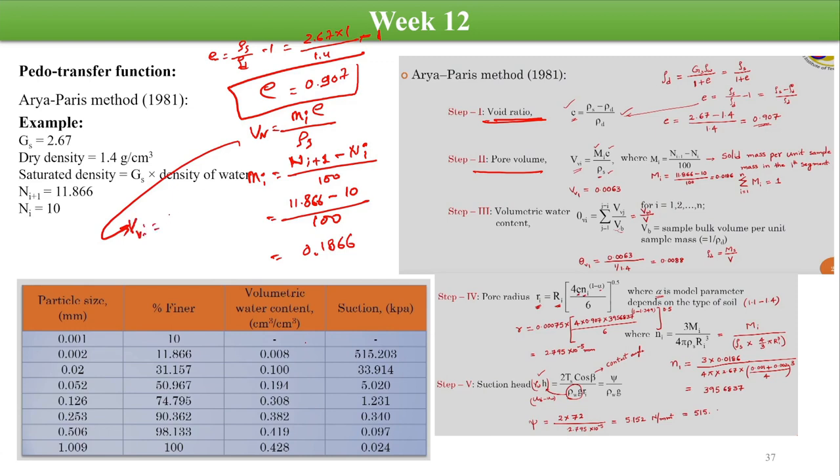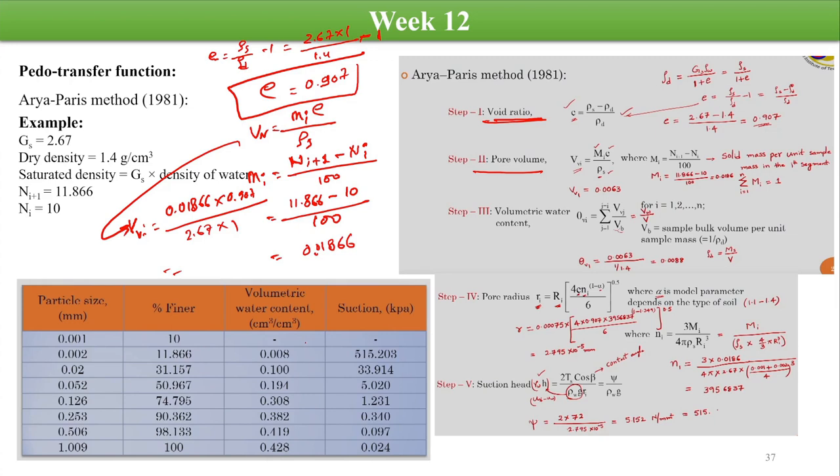Vi is equal to Mi, that is 0.01866, or I think it is 0.0186, and then we have the void ratio we determined, 0.907. It will be divided by rho s, that is 2.67 multiplied by 1.